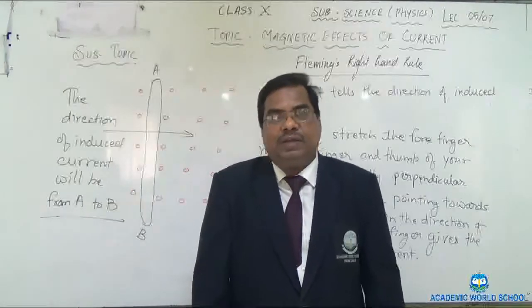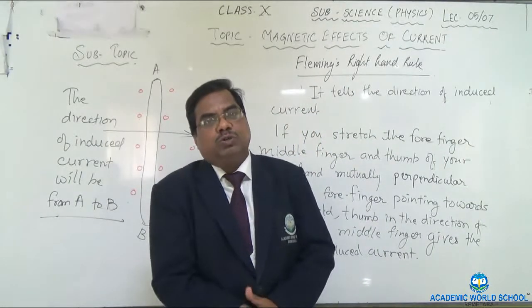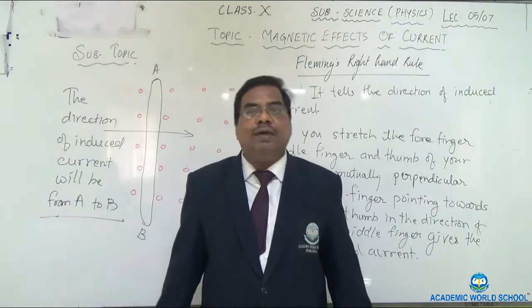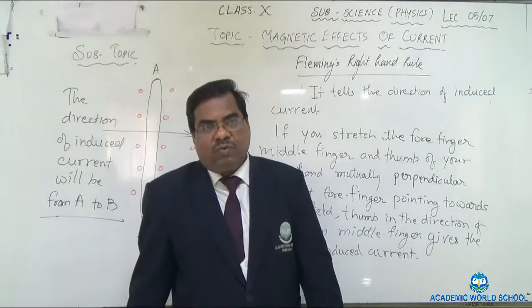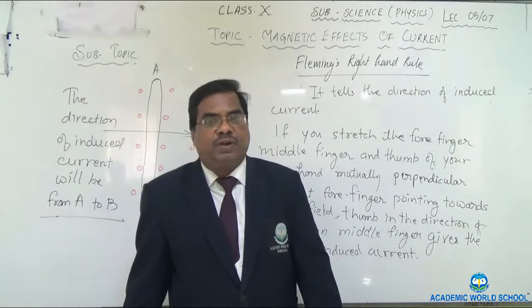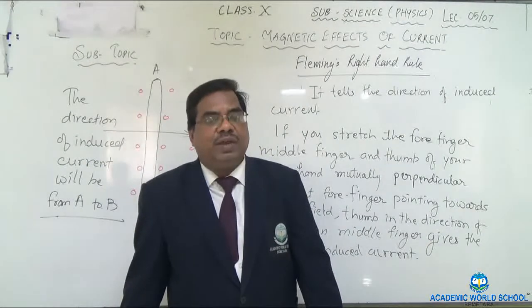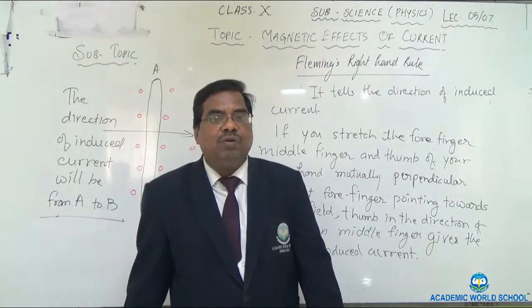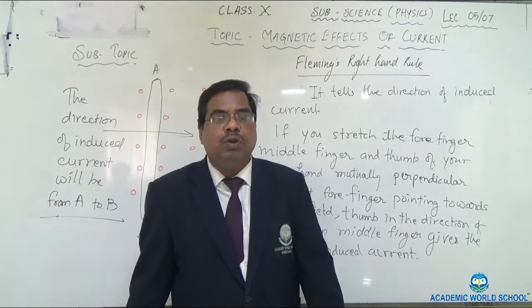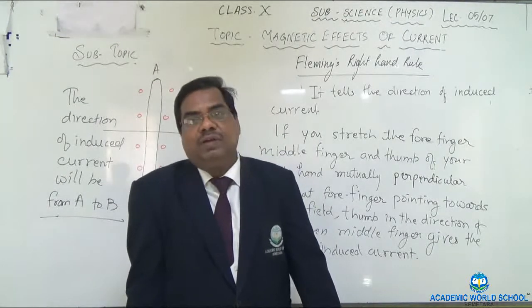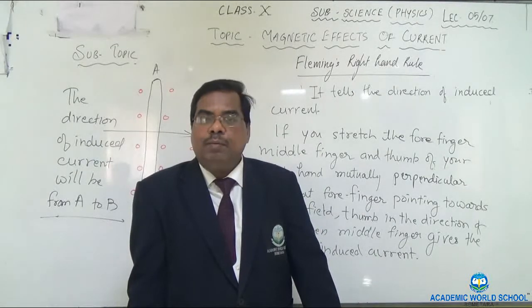This experiment was designed by Michael Faraday, and I also told you about one instrument called galvanometer. The galvanometer tells you the direction. We learnt about one new type of current that is called induced current. And we have finally studied right hand rule, which is given by Fleming for finding the direction of the induced current whenever there is motion between the coil and the magnet.